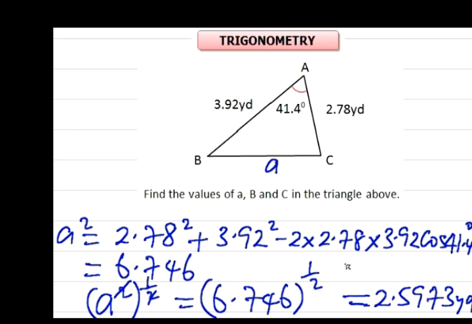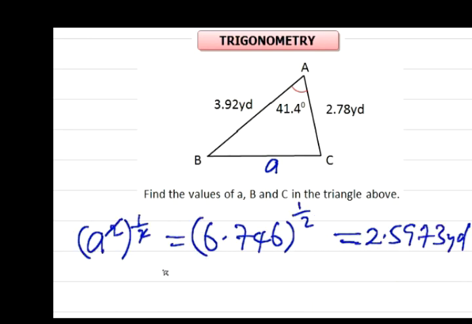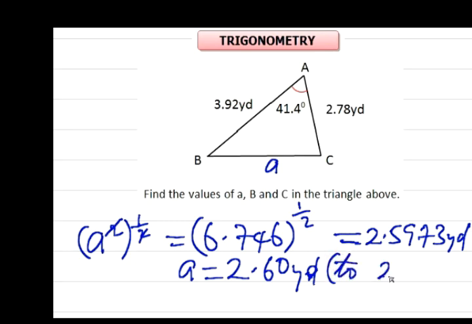So we are going to approximate this to 2 decimal places. And that will give us A is equal to 2.60 yards, to 2 dp. That's 2 decimal places. So I've gotten the answer for A.